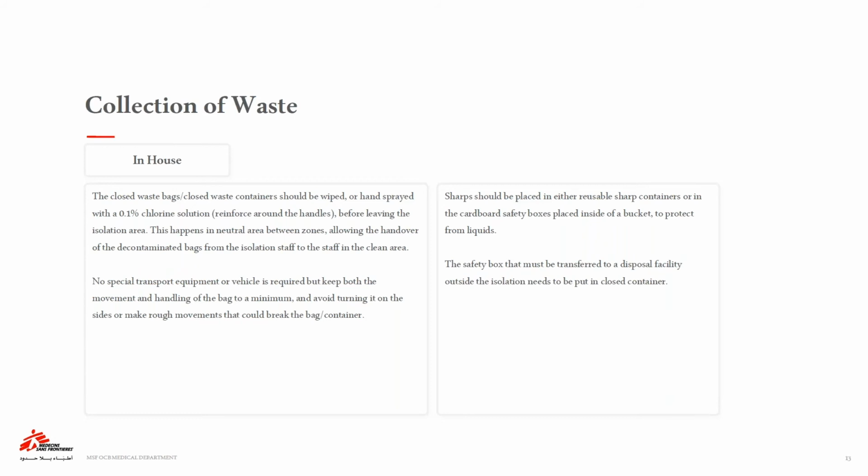Always the safety box should be transferred for disposal outside the isolation, and when we are taking any safety or sharp box from its place, which is full, we need to inform the nursing team that they need to replace this safety box.